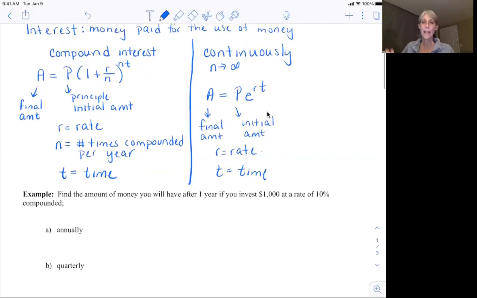When we use our calculator to evaluate these, I'd like you to start using the second ln key, because it's going to open up e raised to, and you don't have to worry about putting parentheses in or anything like that.